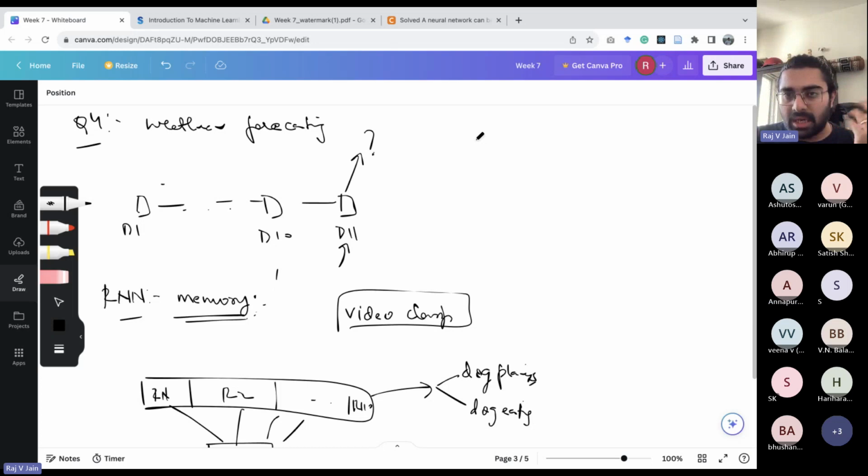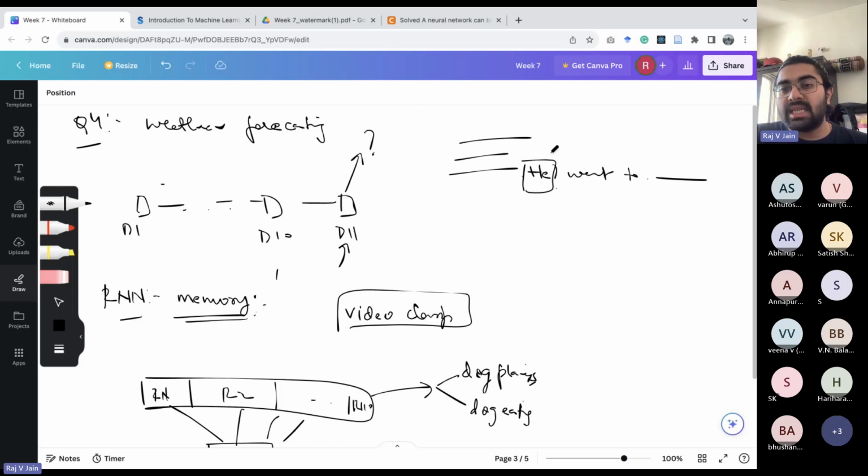Another example could be, let's say you are trying to understand a paragraph, and randomly in the paragraph there is a sentence saying he went to something and then it continues. So who does this he refer to?